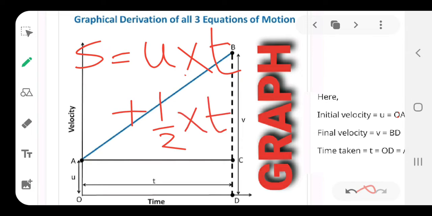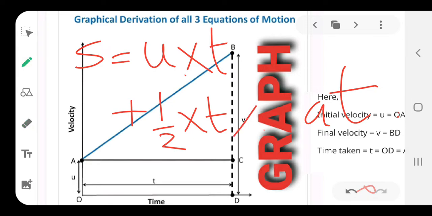And what about BC? Can I say BC is equal to AT?